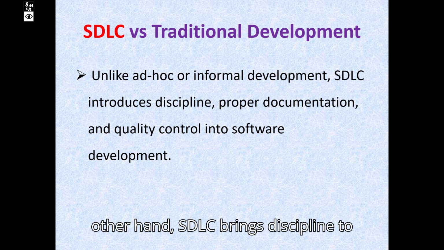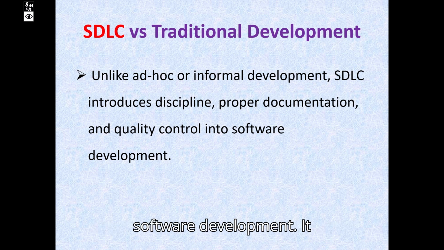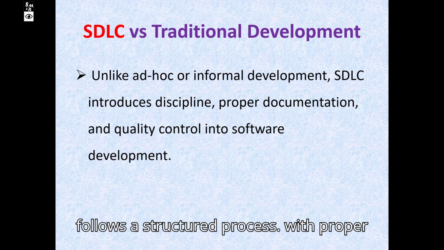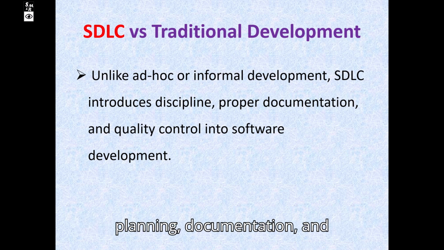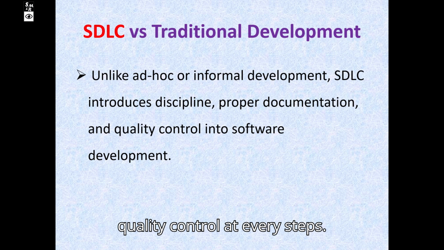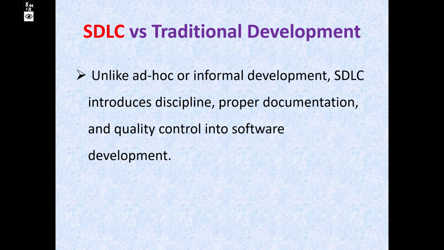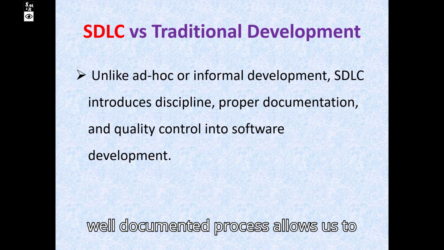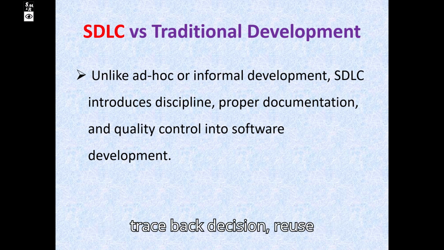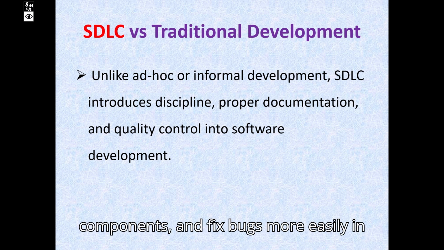On the other hand, SDLC brings discipline to software development. It follows a structured process with proper planning, documentation, and quality control at every step. Why is this important? Because a well-documented process allows us to trace back decisions, reuse components, and fix bugs more easily in the future.